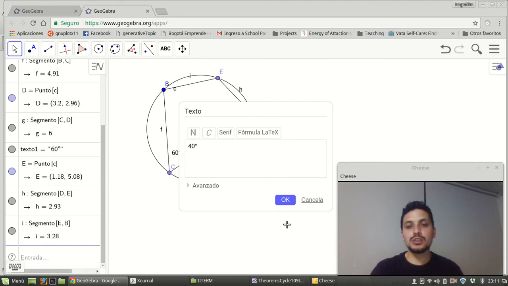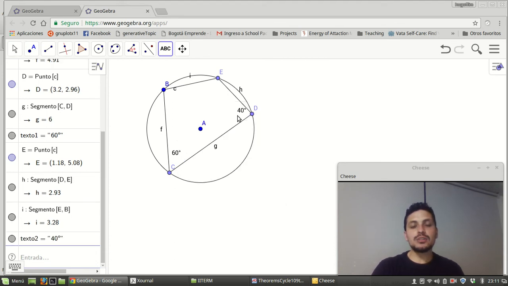Okay, I'm not using the appropriate values. I just wanted to show you the information, so you don't need to know all the values, but these could be the angles.